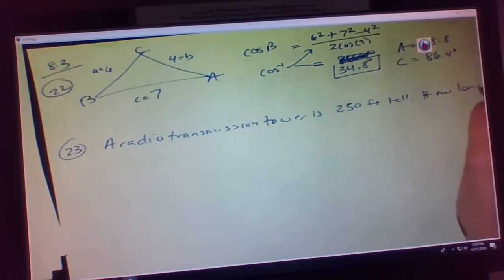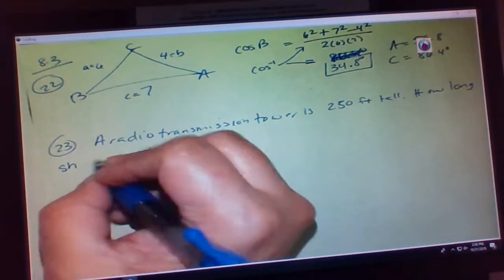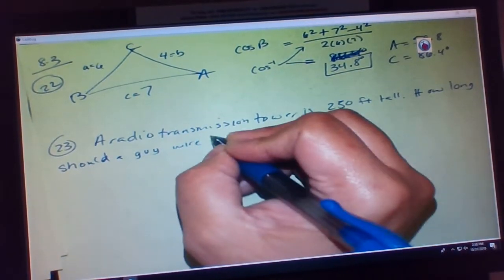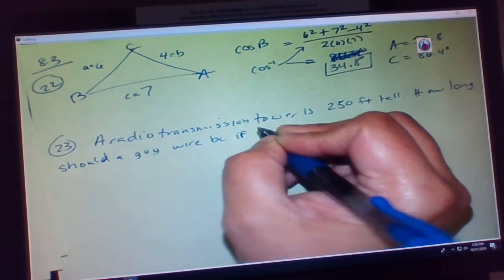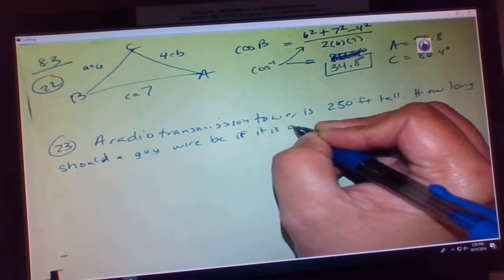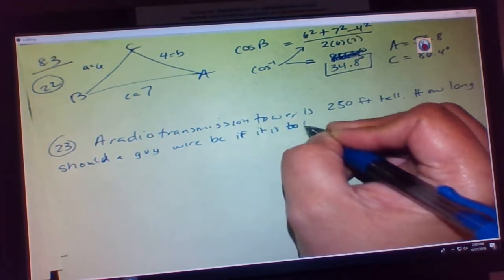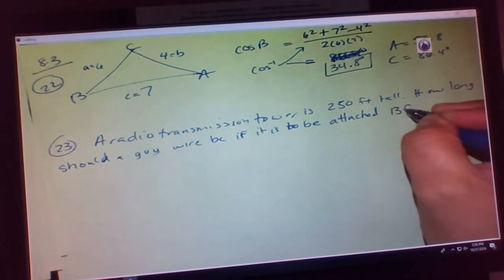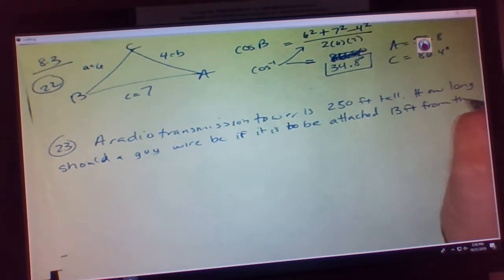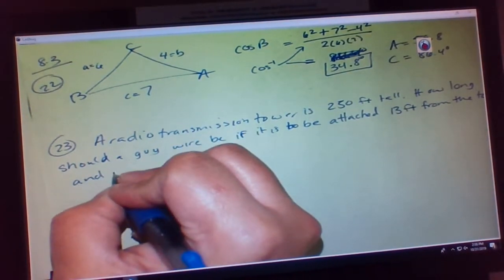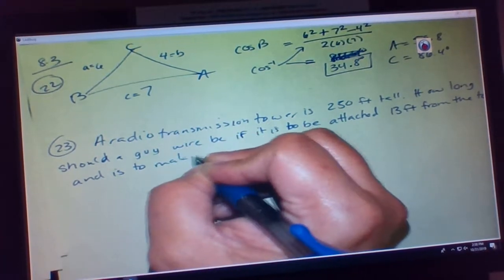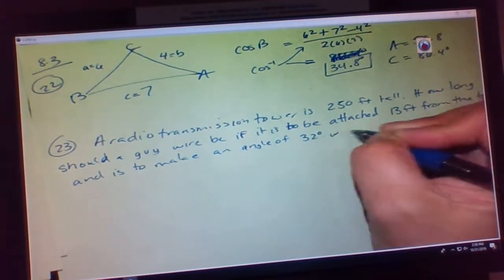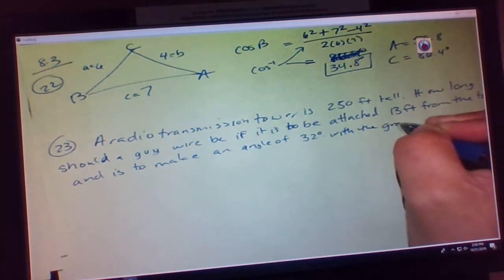How long should a guy wire be if it is to be attached 13 feet from the top and is to make an angle of 32 degrees with the ground.